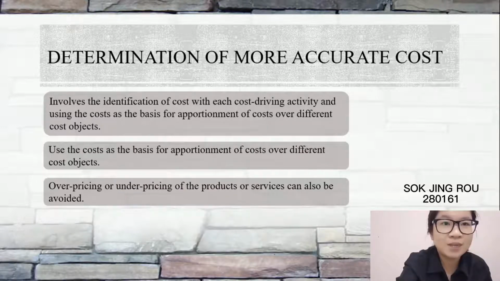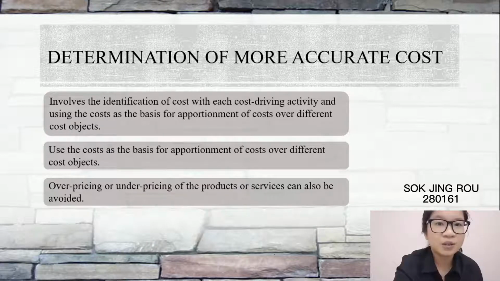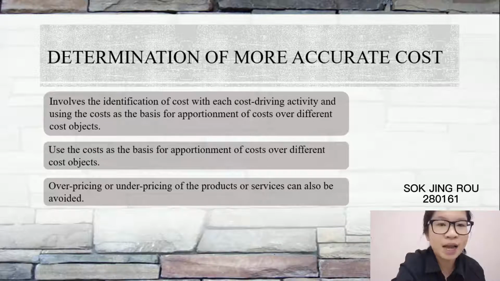The activity-based costing system is a technique that involves the identification of costs with each cost-driving activity and using the cost as the basis for apportionment of costs over different cost objects. A greater accuracy of the cost of the products or services can be determined since the resource and overhead costs can be correctly assigned. Overpricing or underpricing of the products or services can also be avoided if more precise costs are determined.